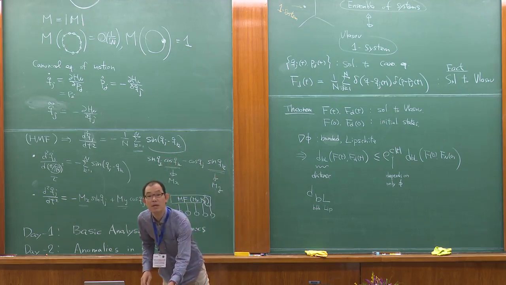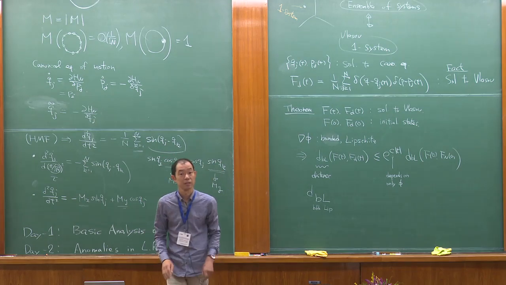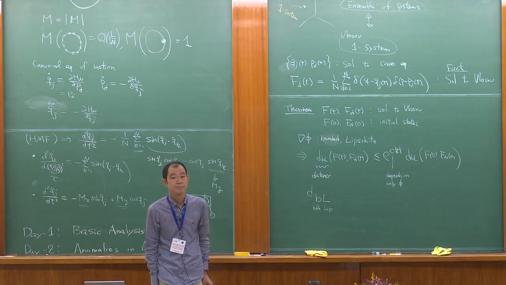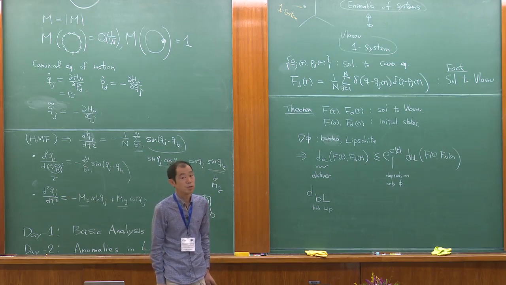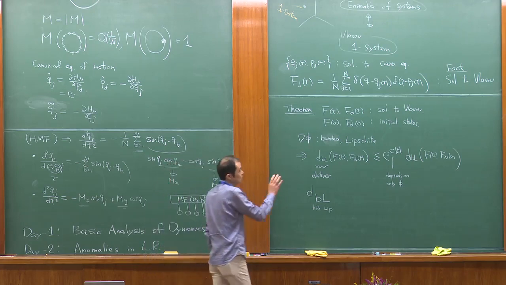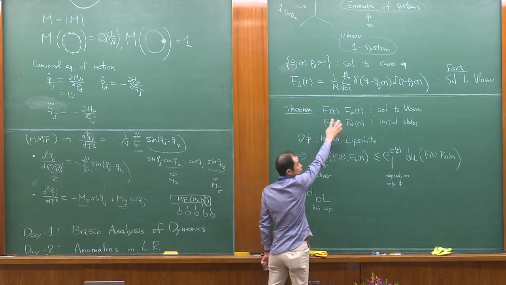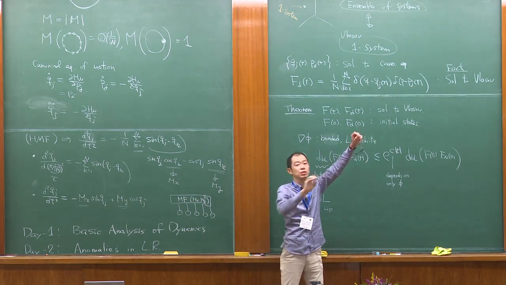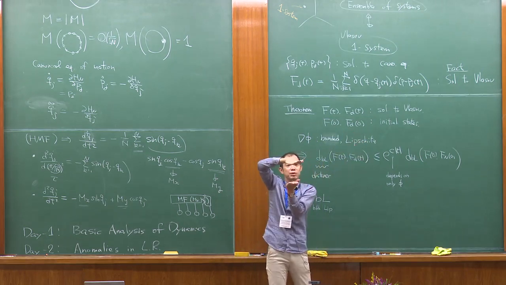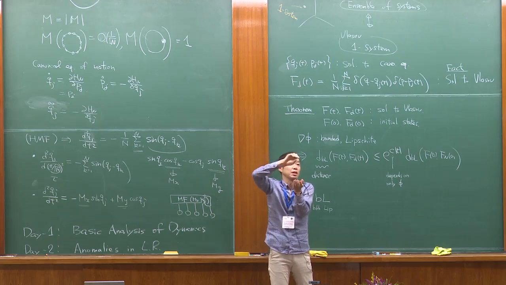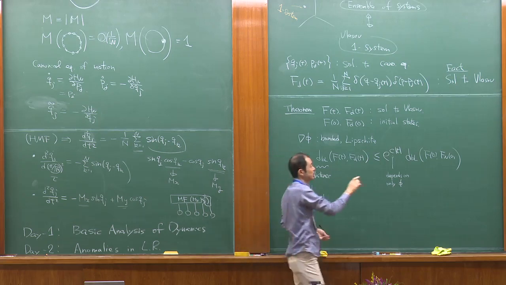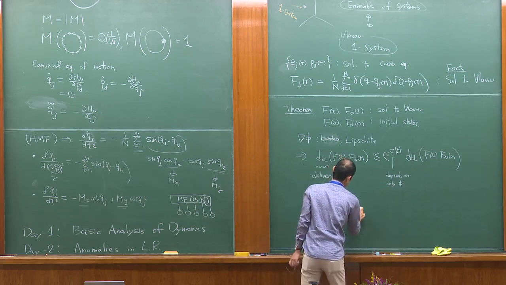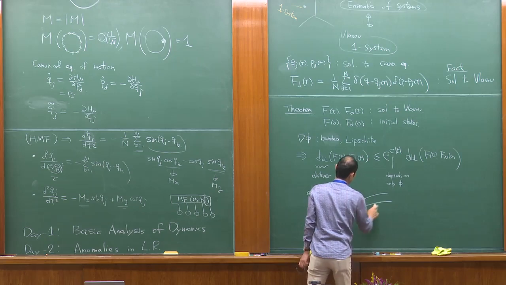The solution of the Vlasov equation is not unique. So this theorem says we consider two solutions, and the distance between the two. Initially we have the initial distance between the two, something like a Lyapunov exponent if we want.